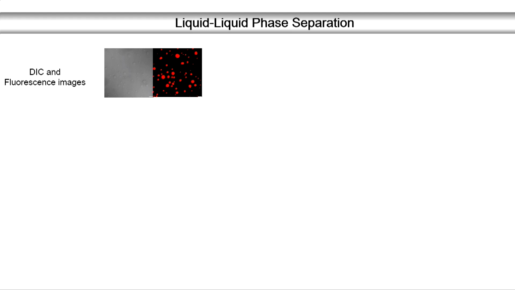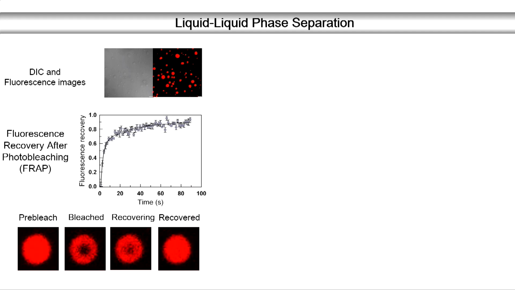For the DNA binding studies, we used a concentration of DNA which is 1/10 of this, about 40 nanomolar. In this case, when you increase the concentration of the DNA, we see these nice condensates that are formed. And you can do something called fluorescence recovery after photobleaching. You zoom in on one droplet here, and you bleach this particular spot, and you can see that it's recovering with respect to time. This is the time axis out here, and you can see that it is completely bleached, and it slowly recovers because of the diffusion of the molecules within it.